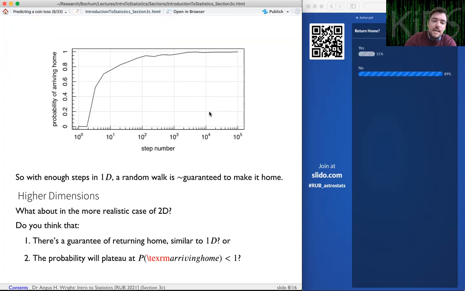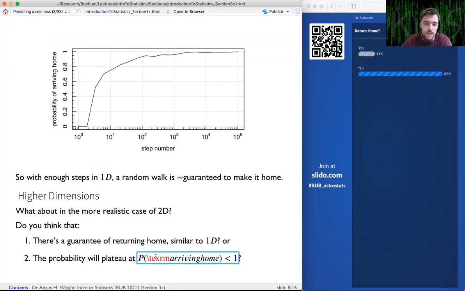Now, if I let the step number go to infinity, do you think that there is an absolute certainty that in 2 dimensions I would find my way home, even if I let my number of steps go to infinity?